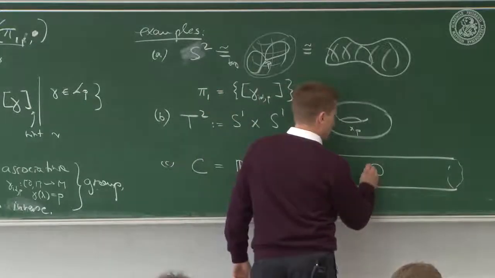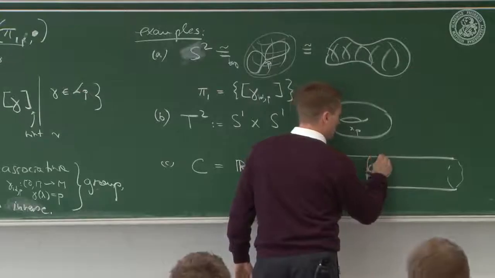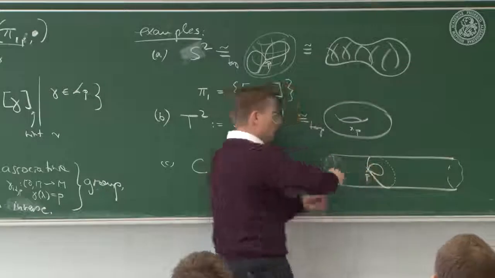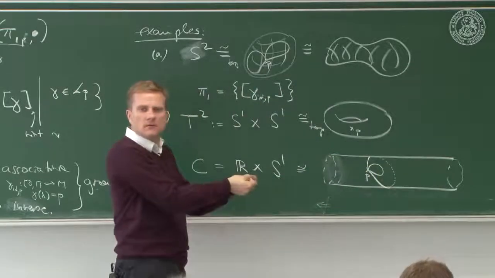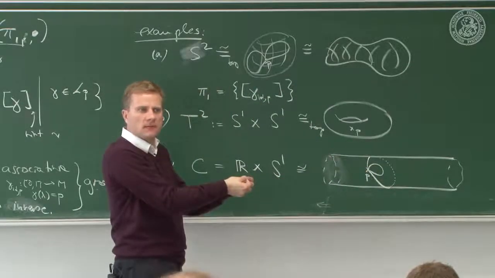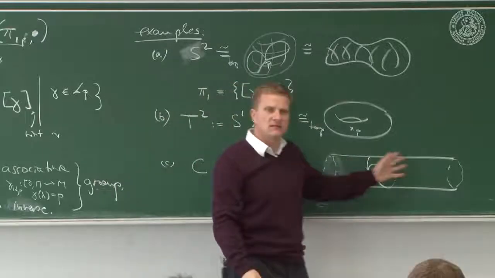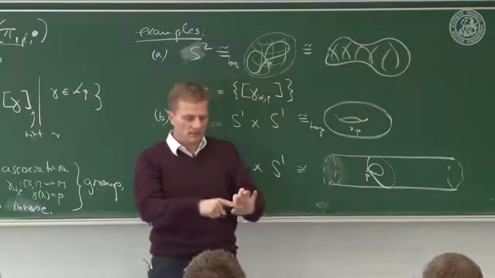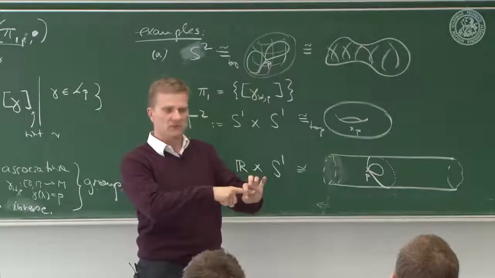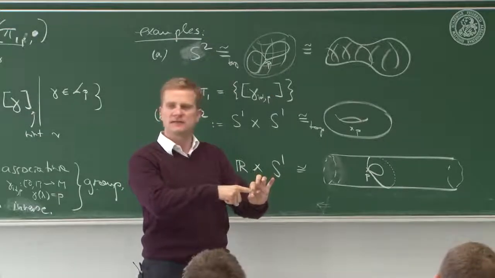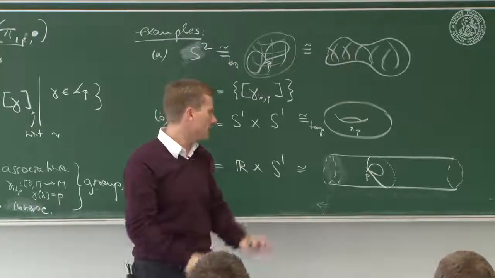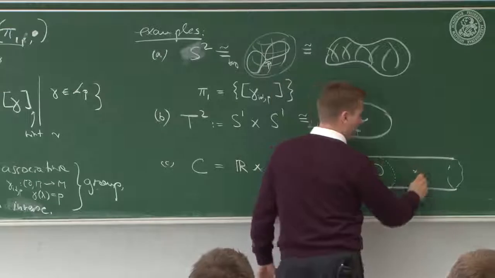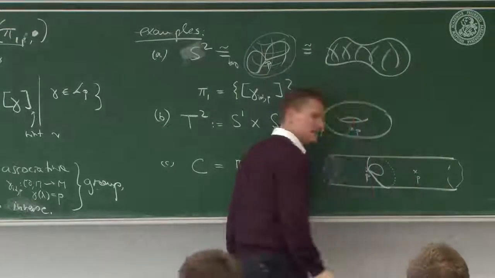Now, however, I can also go up here, and then on the back, I can wind around the cylinder. Now, this one, because the cylinder is infinitely long, intuitively speaking, I can never deform the loop that goes around the cylinder into the identity. I can't. But now I can do another thing. Well, I take another point, but you see that, in principle, it's the same point, right?